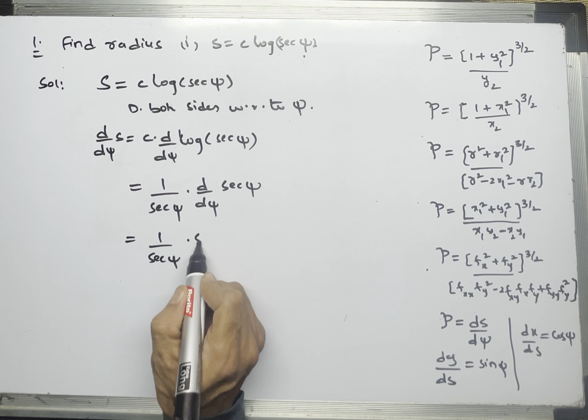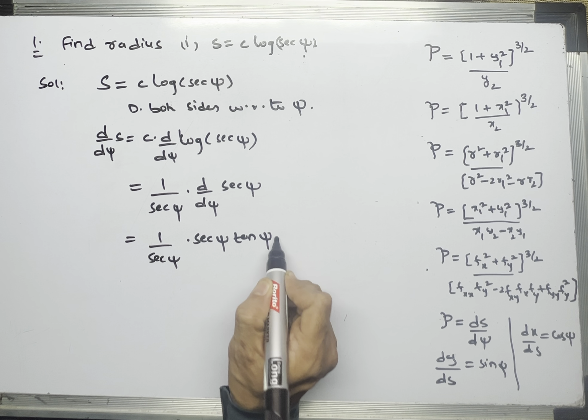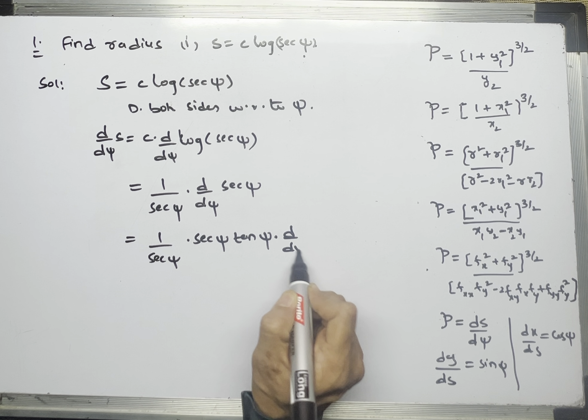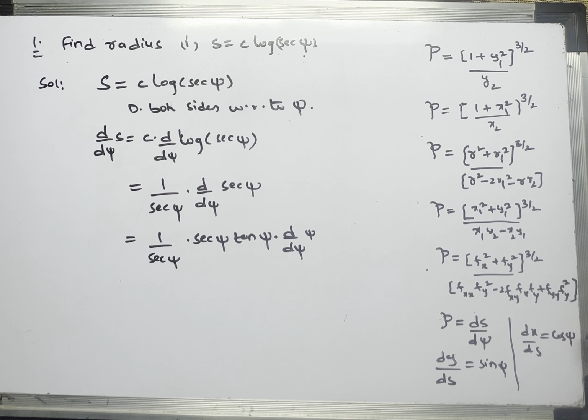Derivative of secant x is secant x tan x, into d by d psi of psi, which is anyhow 1.